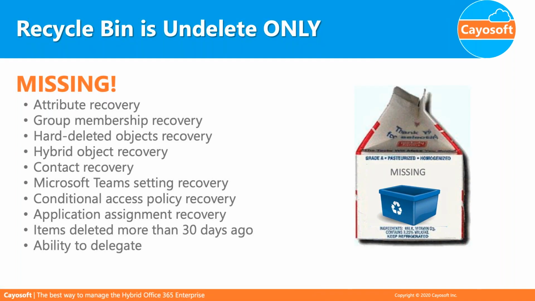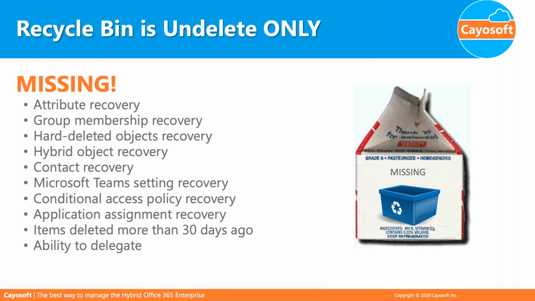Attribute recovery, right? Attributes are changed, stripped, wiped clean with a script, whatever they are, whether it's a mistake or a malicious action. Group memberships change over time. No way to know if somebody had a group membership removed. You start going through the logs and hopefully find it there, and then try to manually reconstruct it. There is a thing called a hard delete, which skips the recycle bin. You can't undelete those in the cloud.